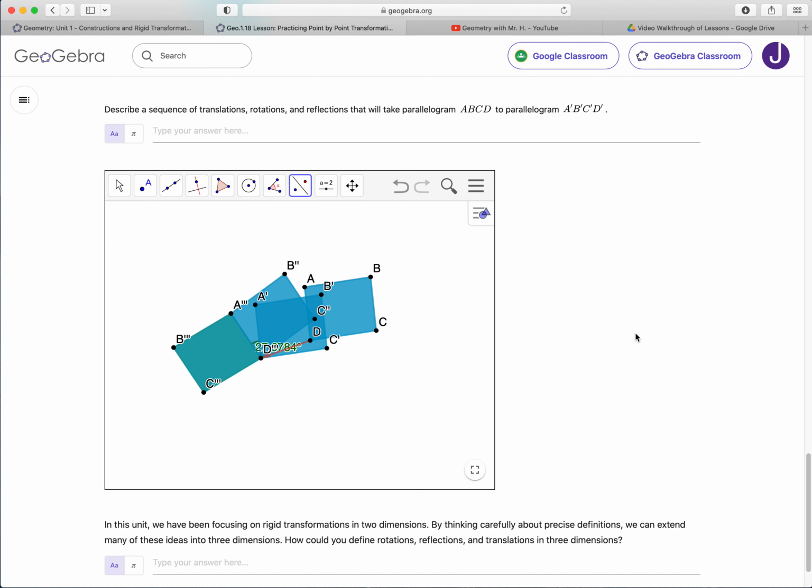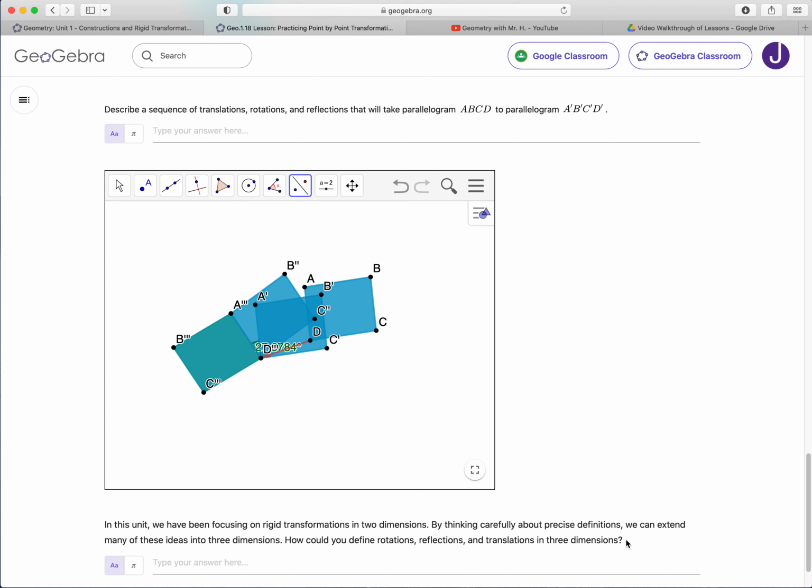So in this unit, we've been focusing on rigid transformations in 2 dimensions. By thinking carefully about precise definitions, we can extend many of these ideas into 3 dimensions. How could you define rotations, reflections, and translations in 3 dimensions? Well, one thing I can tell you is that it gets complicated really quickly because it's not just pieces of paper on a table anymore.